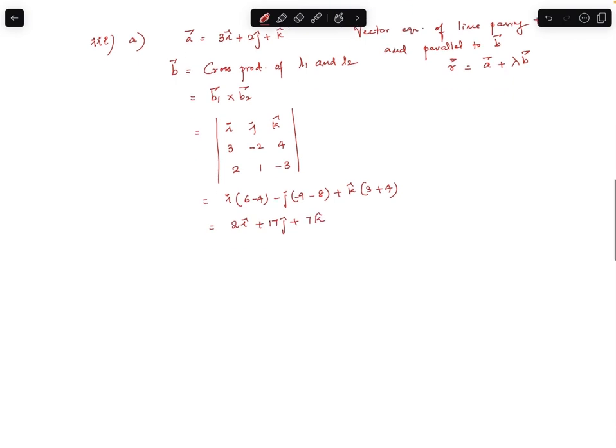Now this pathway is parallel to this b vector. So the equation of the pathway is 3i plus 2j plus k, that is a vector plus lambda times (2i plus 17j plus 7k).